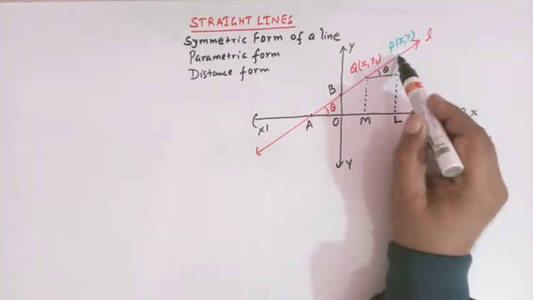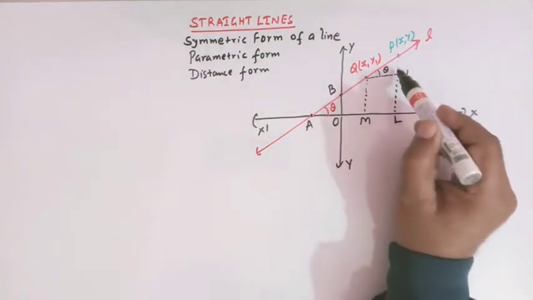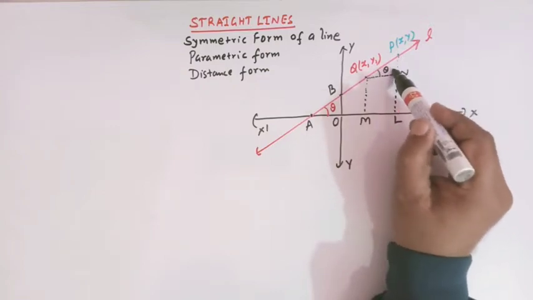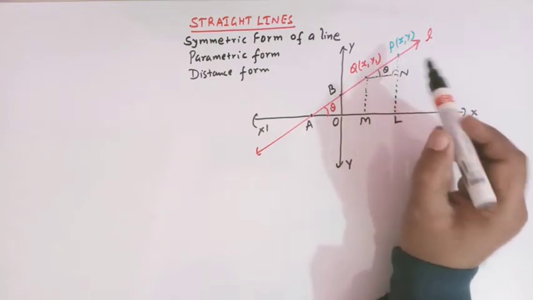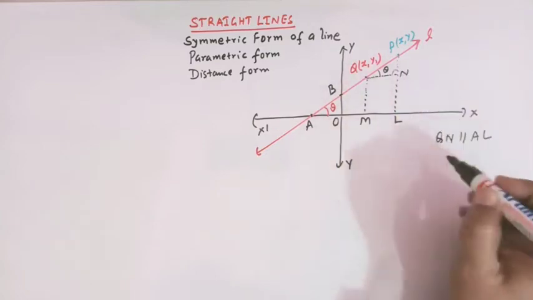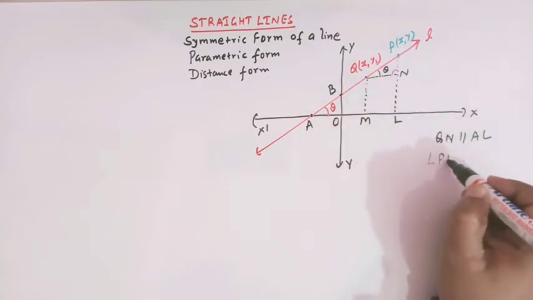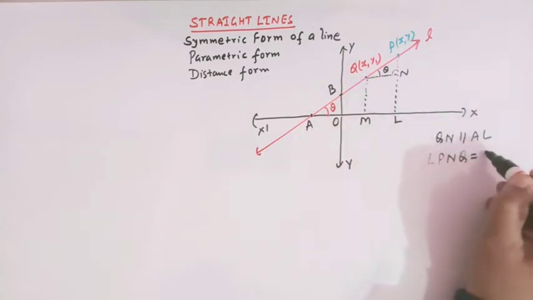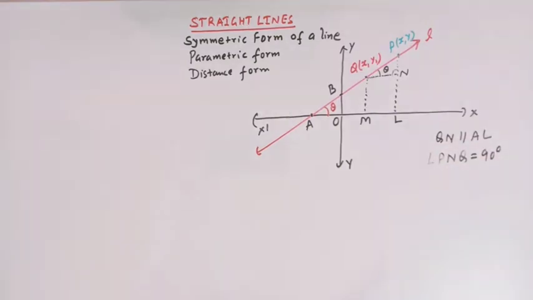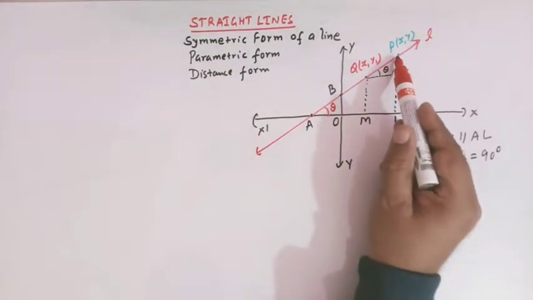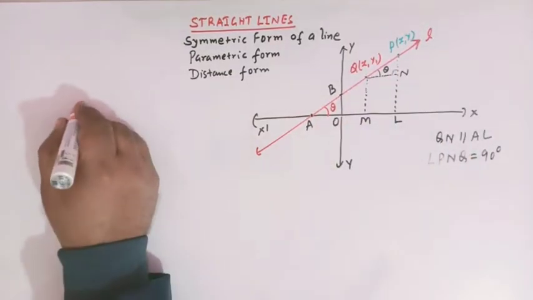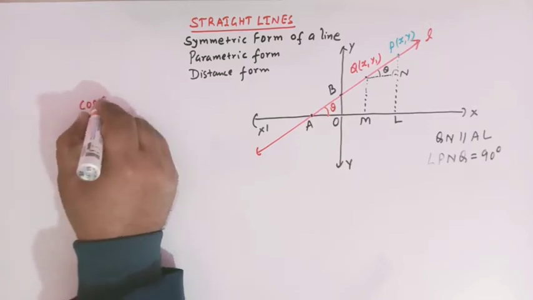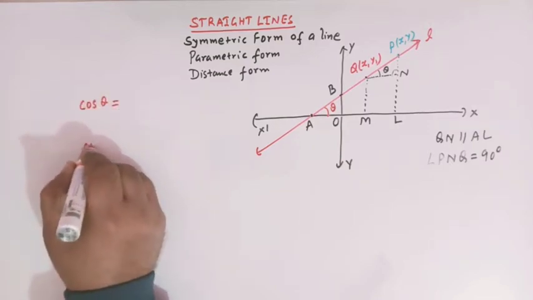Now our aim is to consider this triangle PNQ, which is a right angled triangle, with angle PNQ equal to 90 degrees. Let us consider this triangle PNQ and find out the values of cos theta and sin theta.